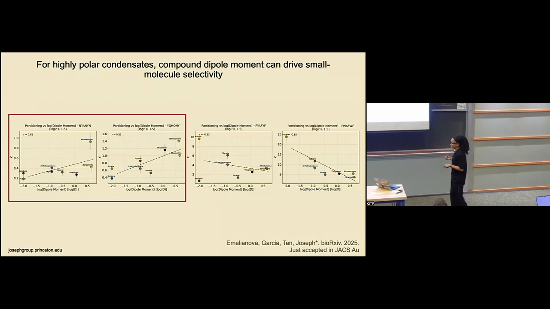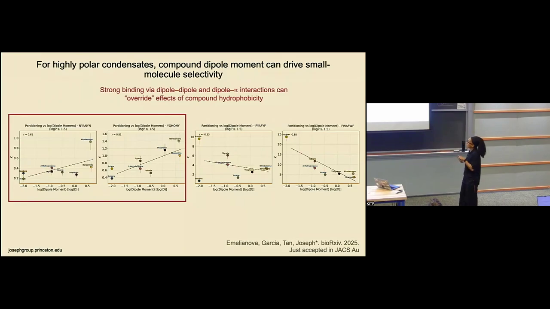And so that points us to ideas that even in environments where you are enriched in these polar residues, condensates can exhibit a selectivity, or at least selectivity can be engineered in these types of systems.